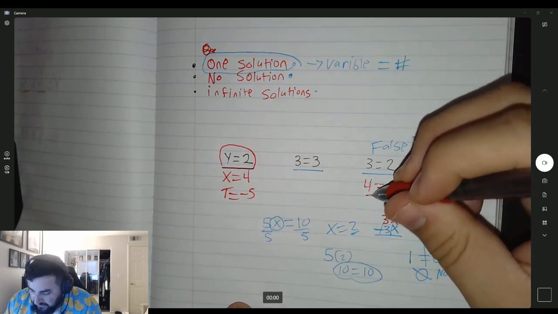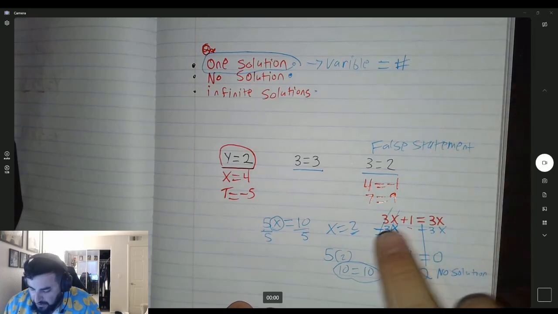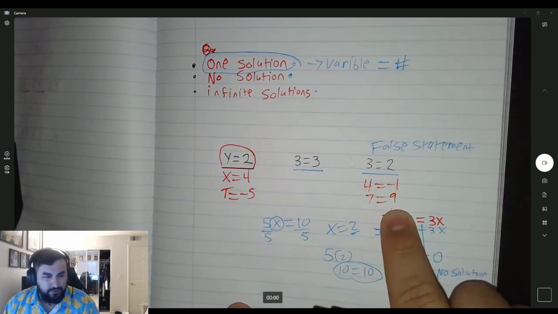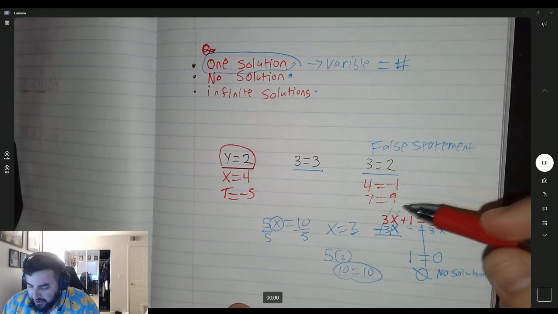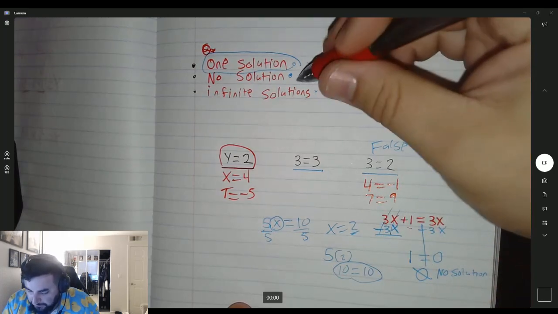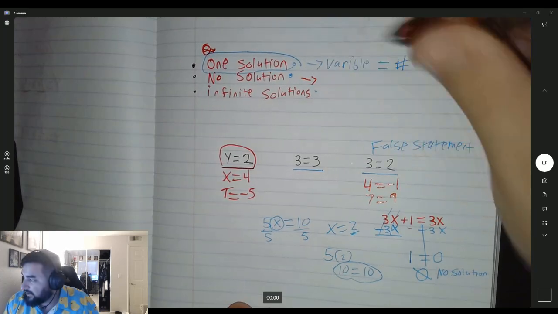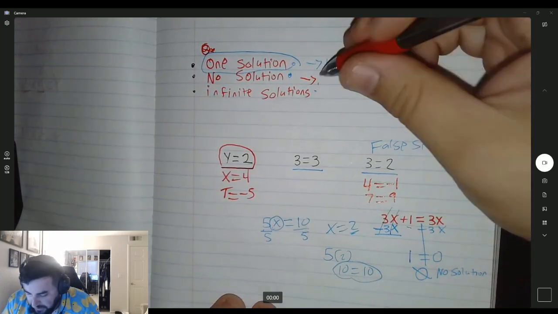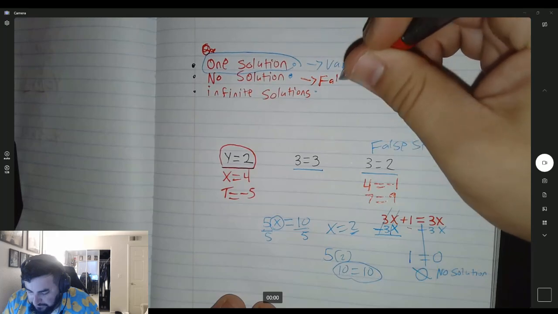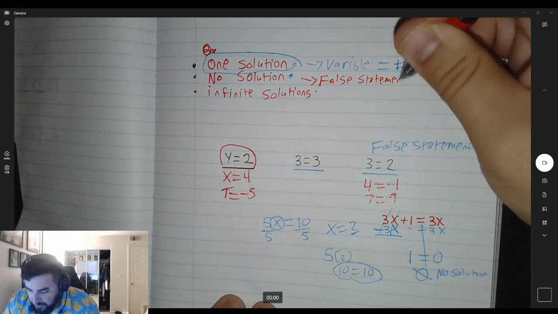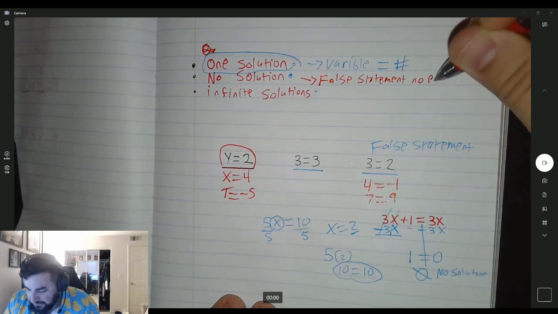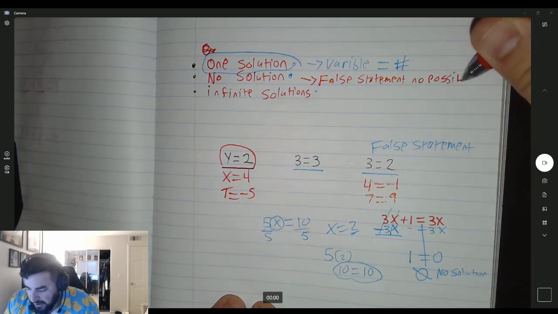What about 7 equals 9? Is that true or false? That's false. Okay, so these are all going to be a no solution, okay? And our reasoning up here, I'm going to write it down, is a false statement with no possible answer.